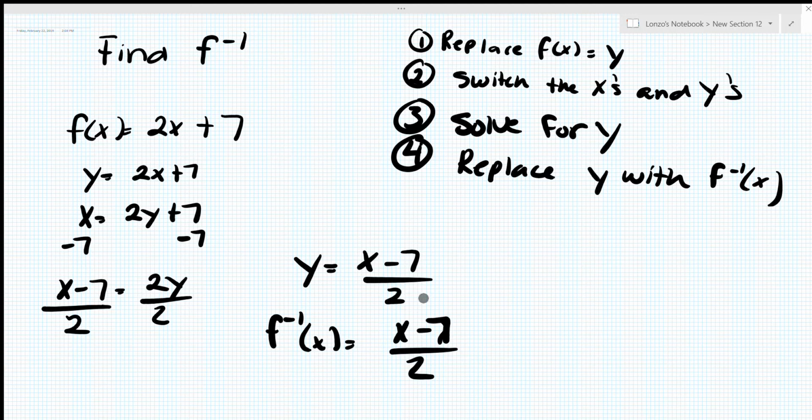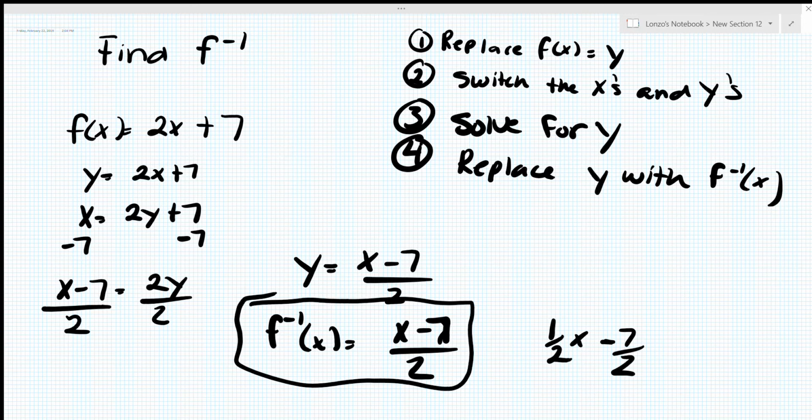And this should be your final answer. Or you could just move this 2. It could be 1/2 x minus 7/2. They're the same thing. Either answer is correct. So that's how you find the inverse. Let's do a few more.